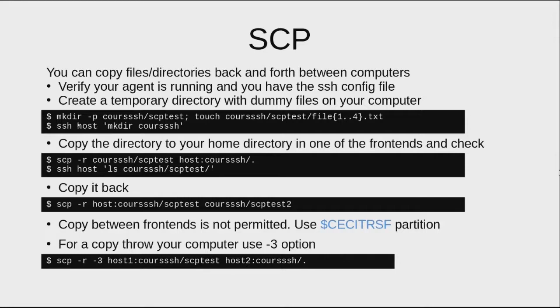Replace the host with one of the front-end hosts present in your configuration file. Then copy the directory to one of the front ends and check the copy with the remote command. You can also copy from the front end to your local computer.